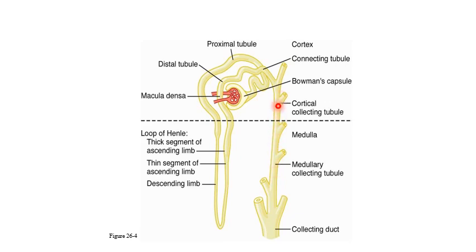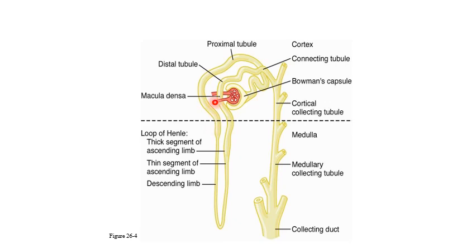If it was in the cortex, it's called the cortical collecting tubule. If it was in the medulla, it's going to be called the medullary collecting tubule. And then we have many collecting tubules that form a collecting duct.